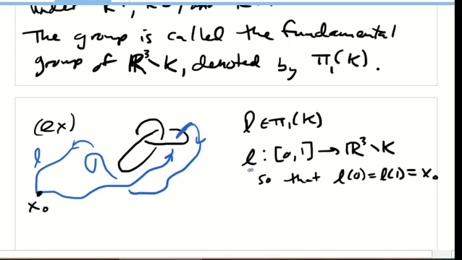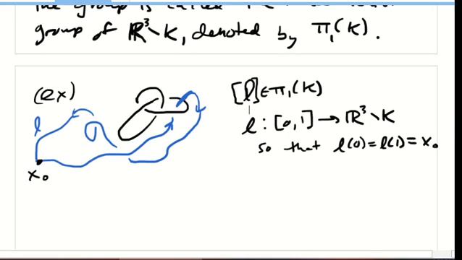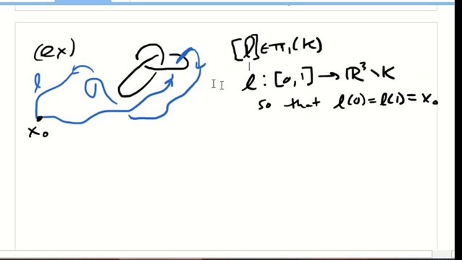Now, the equivalence relation: these are a set of equivalence classes. And two loops inside pi1 are the same if, when you take one and then the other one in reverse, they bound a disk.